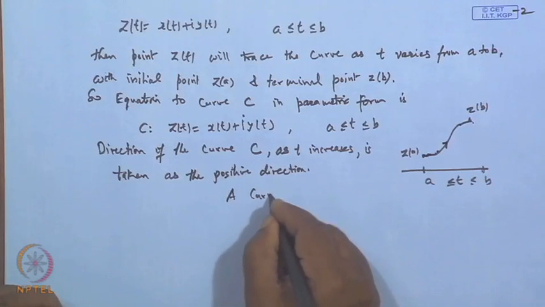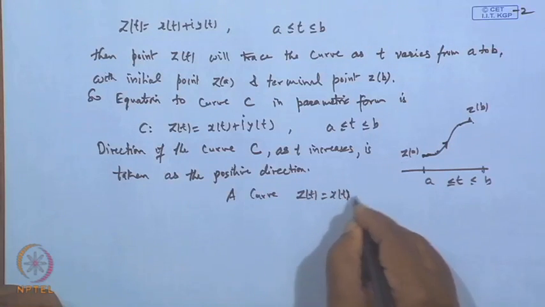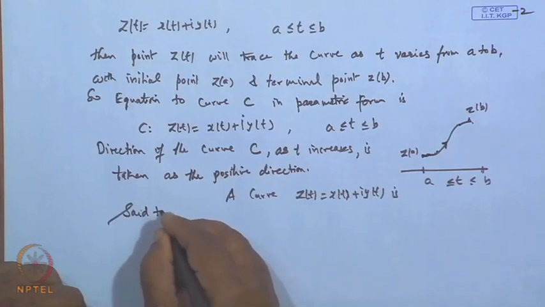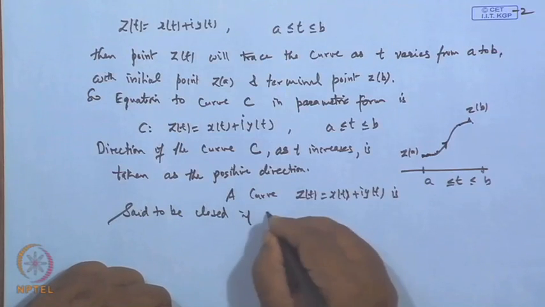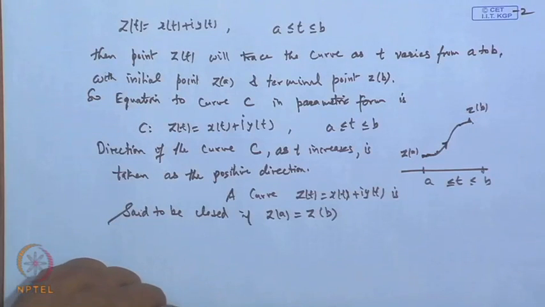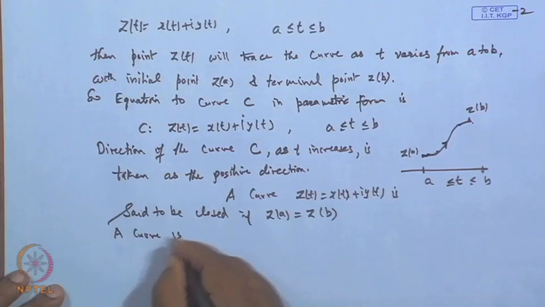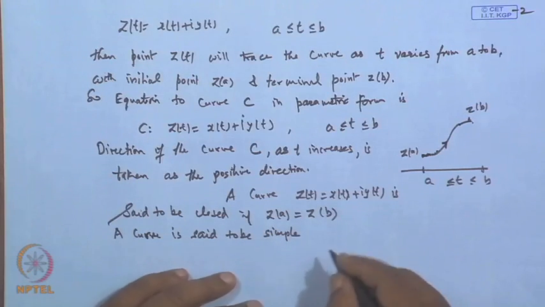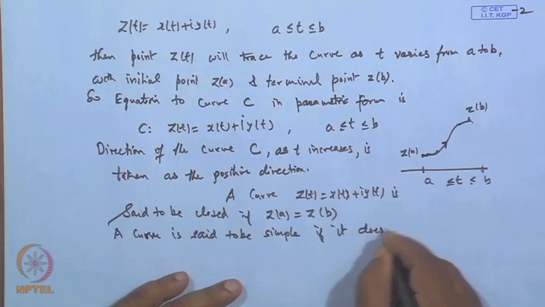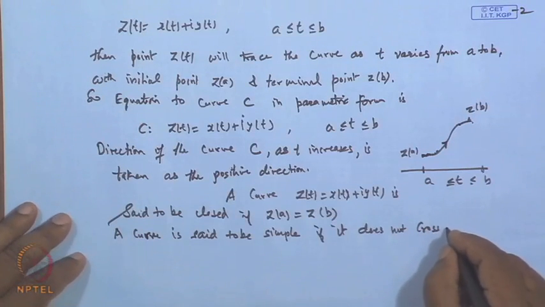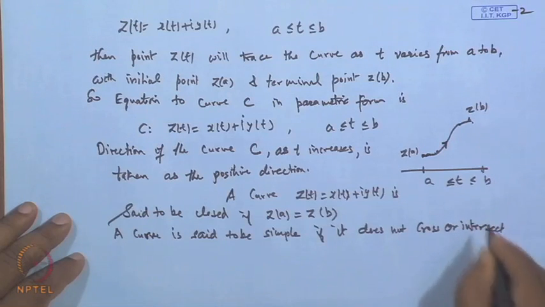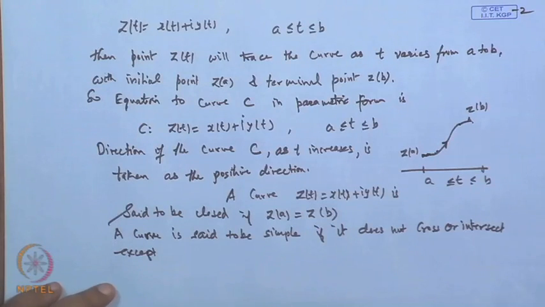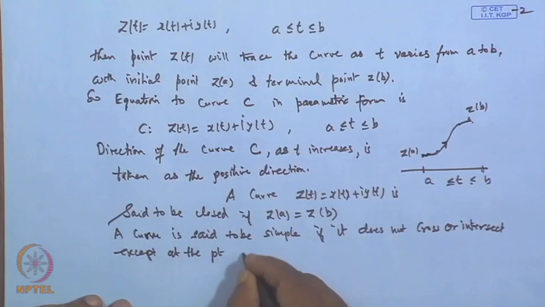So, a curve z(t) = x(t) + i y(t) is said to be closed if the initial point and the terminal point coincide, and a curve is said to be simple if it does not cross or intersect itself, except at the points a and b.